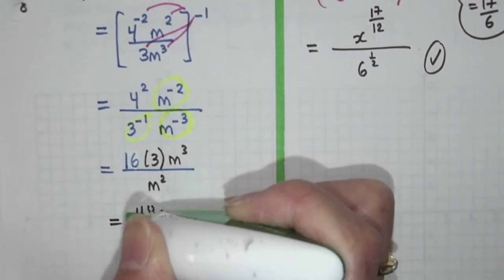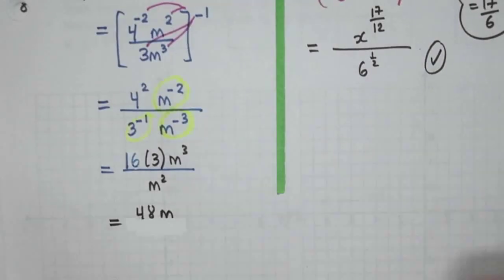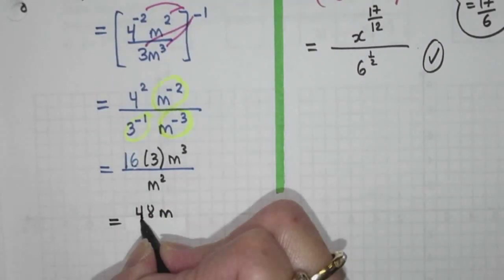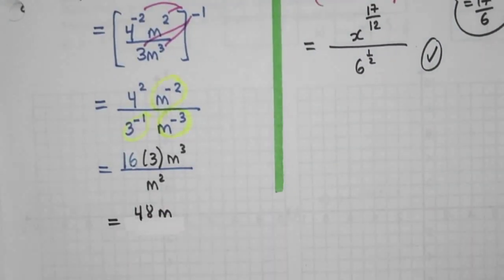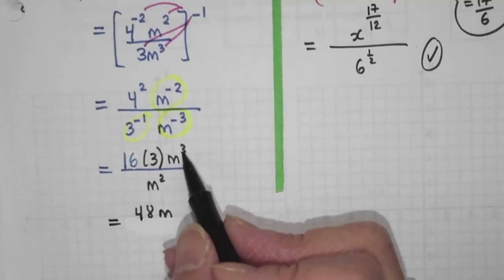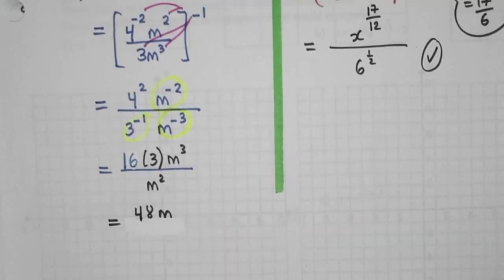So I just erase that and go, oops, I was already done right there. 3 minus 2. Questions, clarifications?